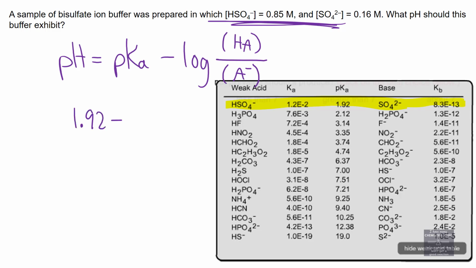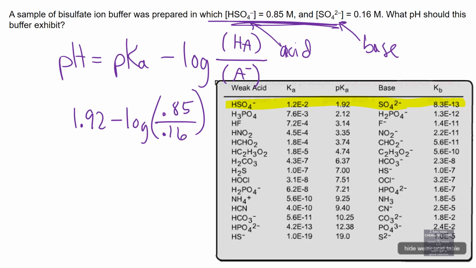So that's pKa 1.92 minus the log of, in this system, this one is the acid and this one is the base. So 0.85 over 0.16. It's all plug and chug, and we get 1.19.